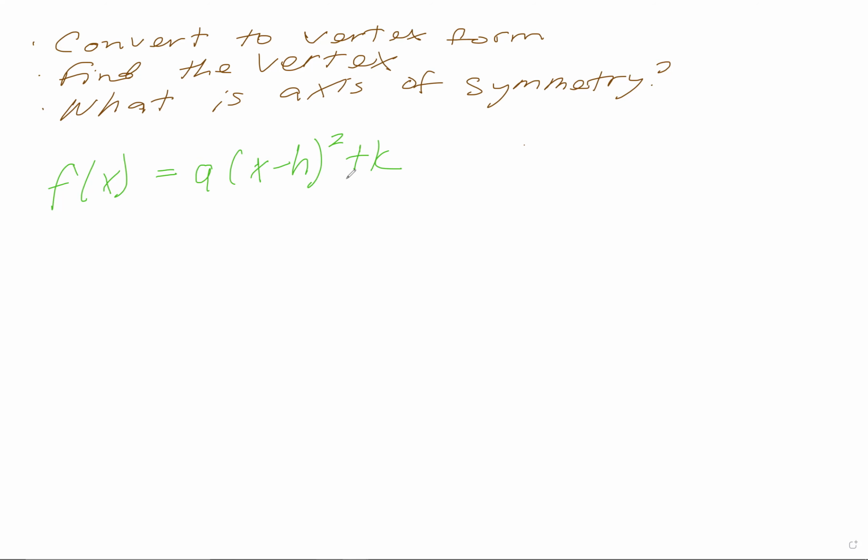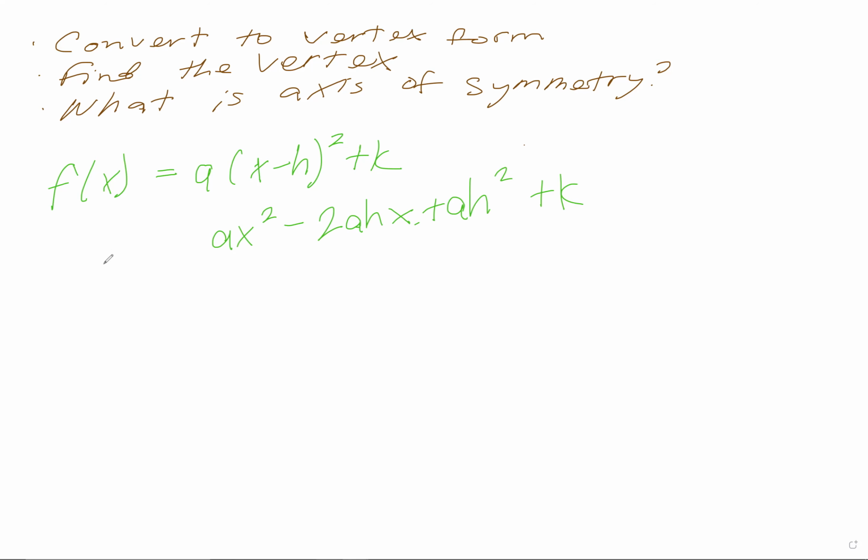And if we expand this, we get ax squared minus 2ahx plus ah squared plus k. That's this expanded, that's if we did FOIL and everything.